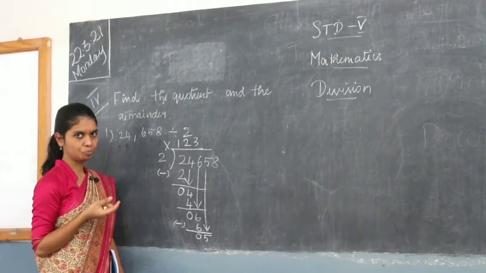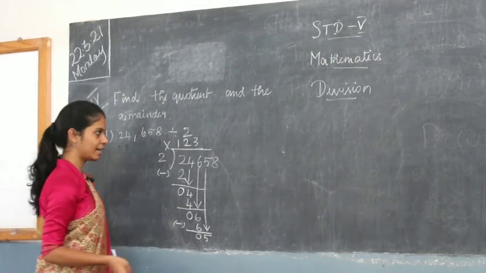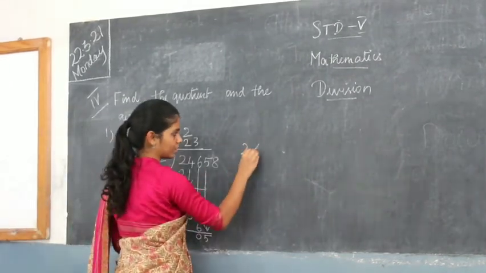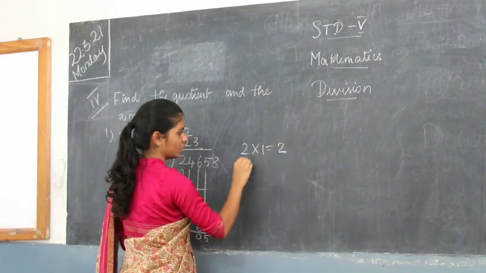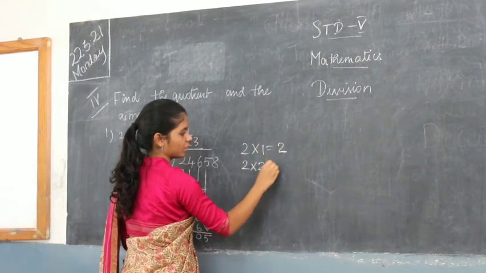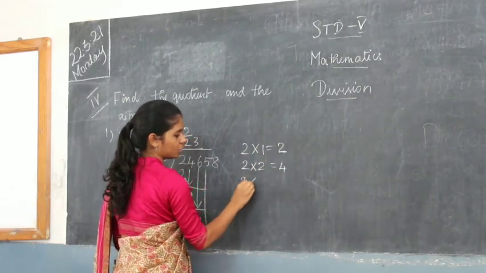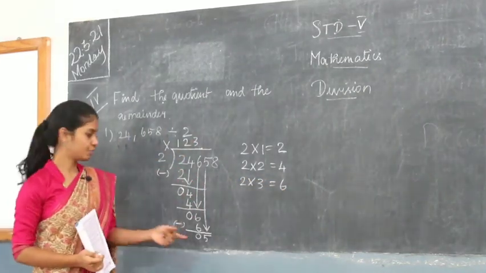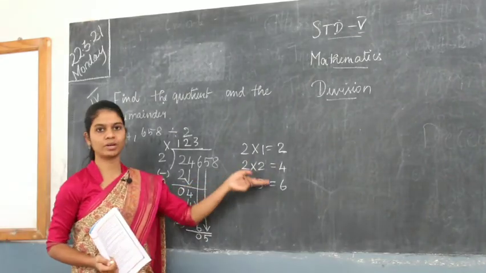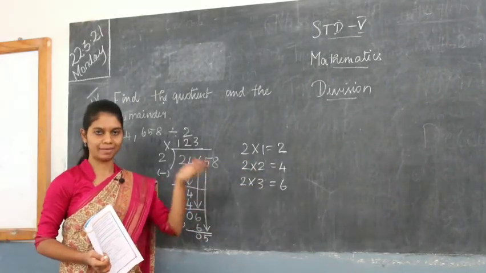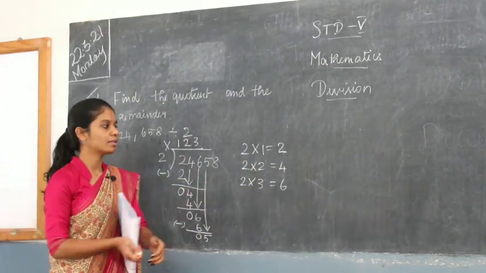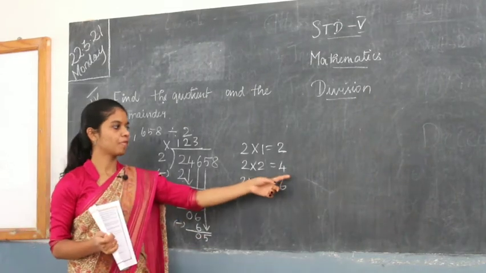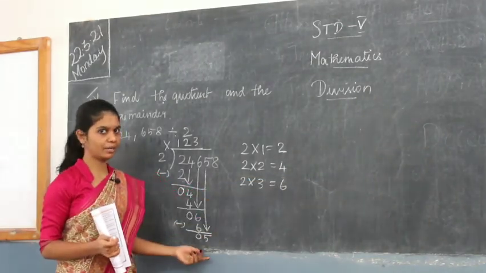2 ones are 2, 2 twos are 4, 2 threes are 6. Now you know that 5 lies between 4 and 6, right? 5 lies between 4 and 6 and you are not getting 5.